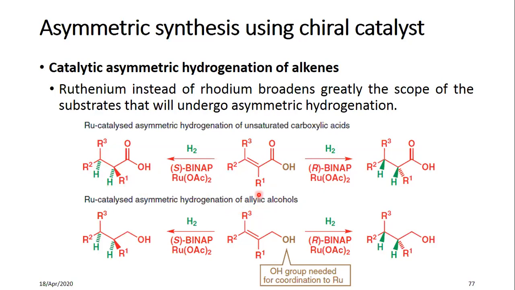For unsaturated carboxylic acids and allylic alcohols, you can have the same type of orientation. This particular hydroxy is required for the coordination with the ruthenium metal.